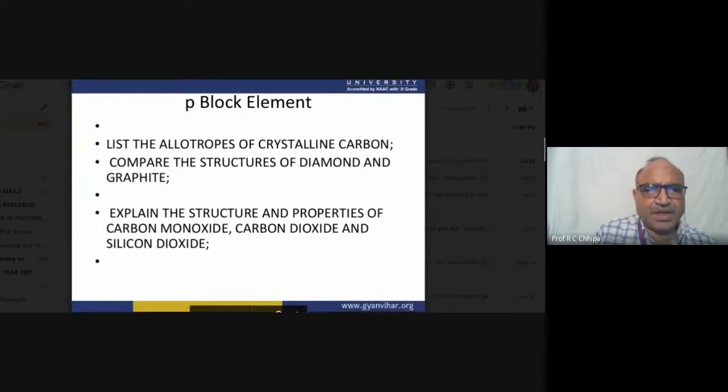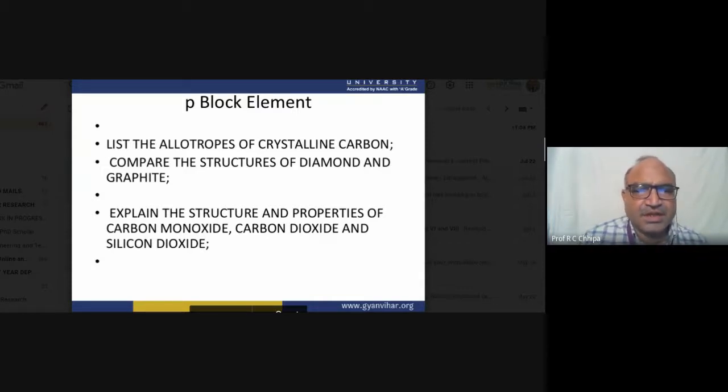Other allotropes are also characteristics of these p block elements. Allotropes, whatever the crystalline carbon, even the diamond and the graphite. These are also responsible for the p block elements.